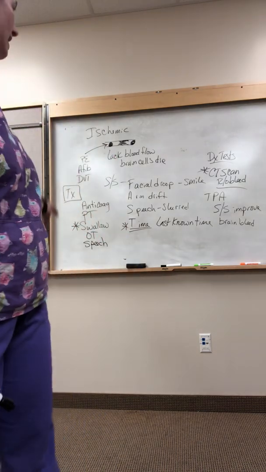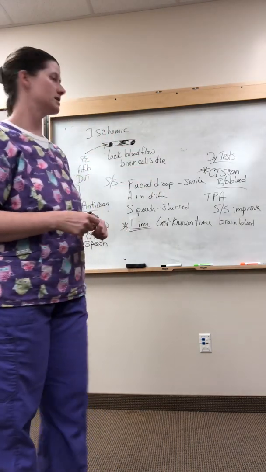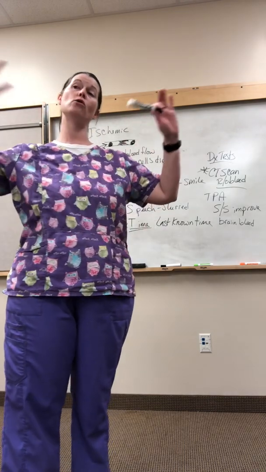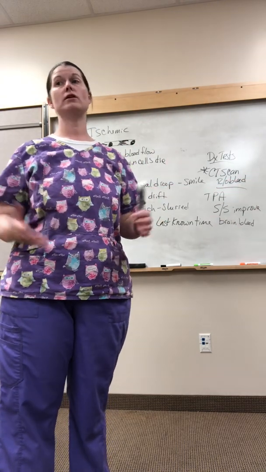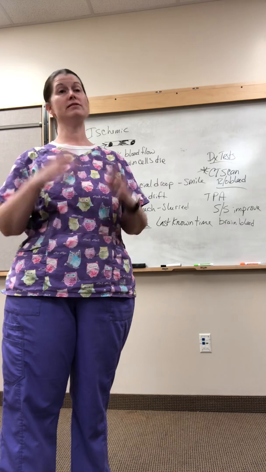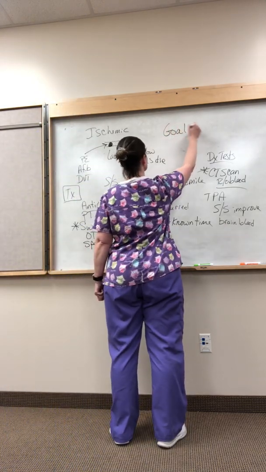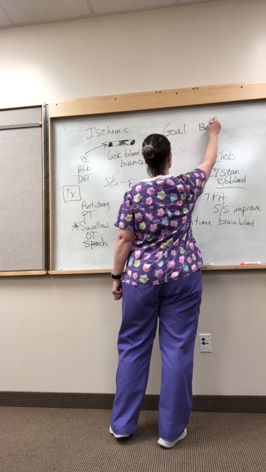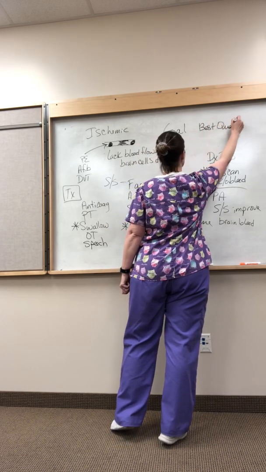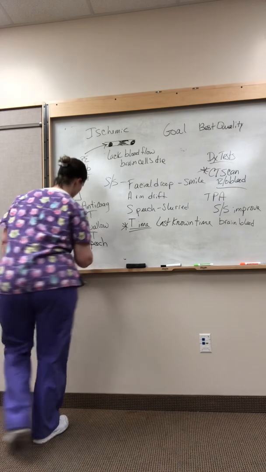Okay, so that is the ischemic stroke. So our overall goal is quality of life. What is the best quality of life for this patient? You know, I'm going to put antidepressant down here too.